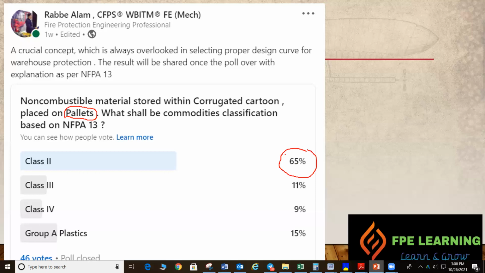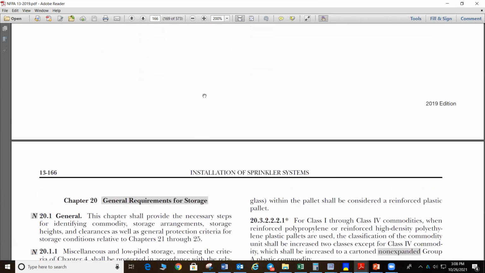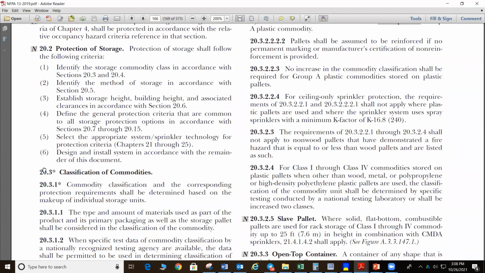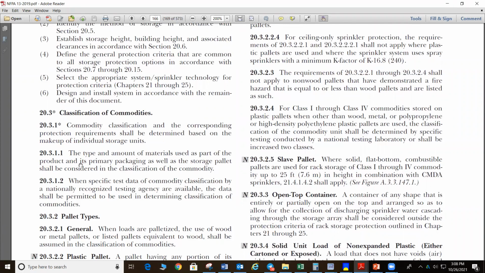Now let's look at NFPA 13 and what it says for the commodity classification. If you go to chapter 20, which is for the general requirements for storage, under 20.3, classification of commodities, 20.3.1.1 says the type and amount of materials used as part of the product and its primary packaging, as well as storage pallets, shall be considered in the classification of the commodities.